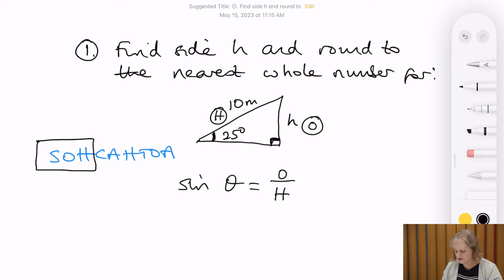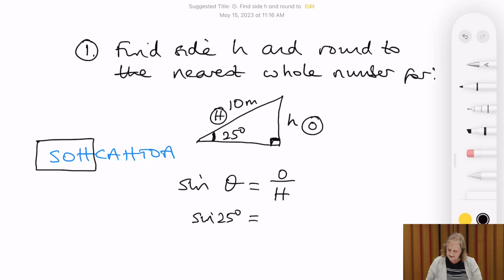So that just kind of helps us to remember that calculation. So the angle that we have, 25 degrees, and again, that's why it's important that we have our calculator in degree mode. We've got our opposite side, which is called h, over our hypotenuse, which is 10. So now to locate h, we're just going to do the algebra around that.